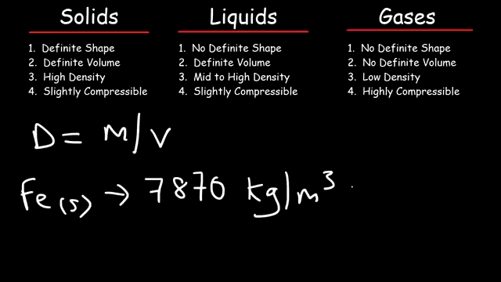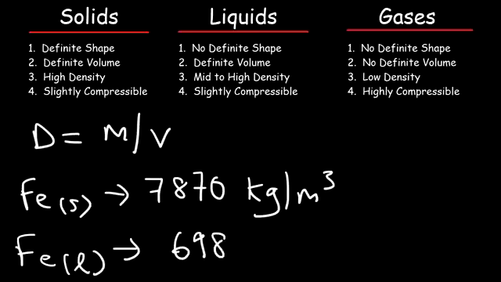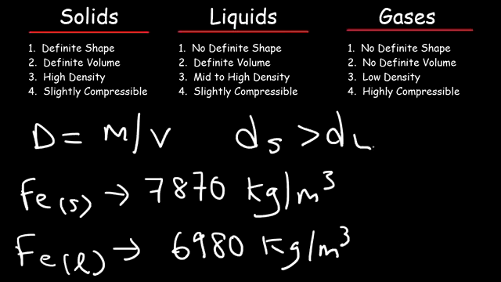Cubic meters is a unit of volume. Now liquids also have a high density as well. Molten iron metal or liquid iron metal near its melting point has a density of around 6,980 kilograms per cubic meter. And for most substances, the density of a solid is usually greater than the density of a liquid.